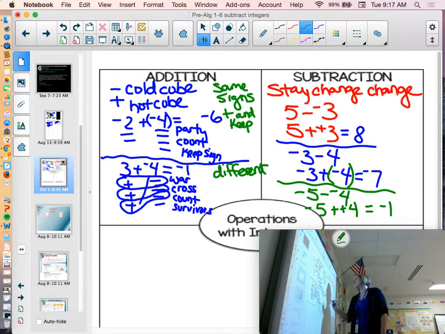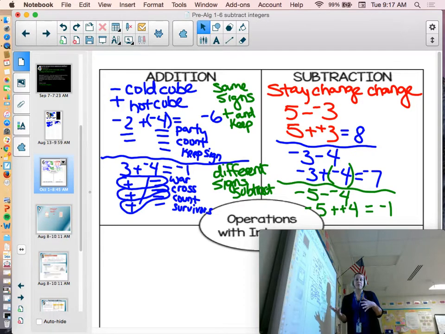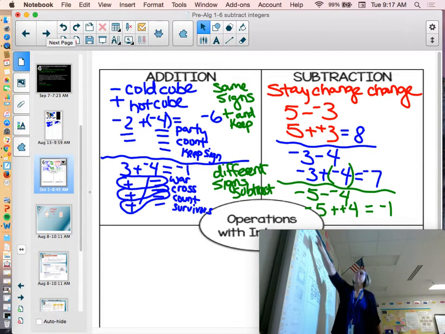So see, we still get to subtract, but only when we are adding different signs. What we learned today is that subtraction is really adding the opposite. If you add the opposite, then you will get to use the same rules as we learned yesterday.